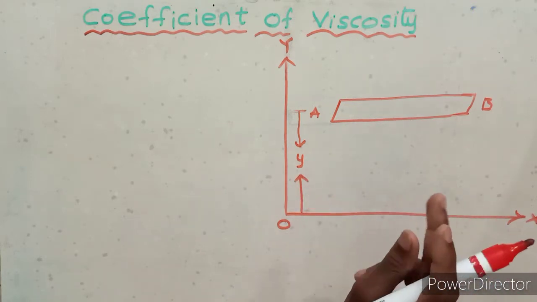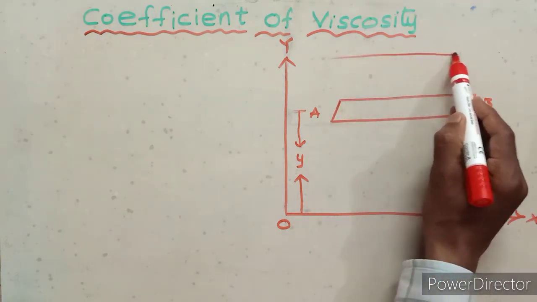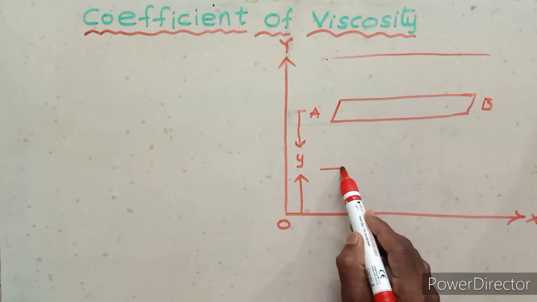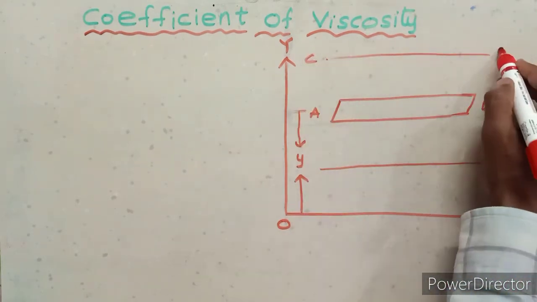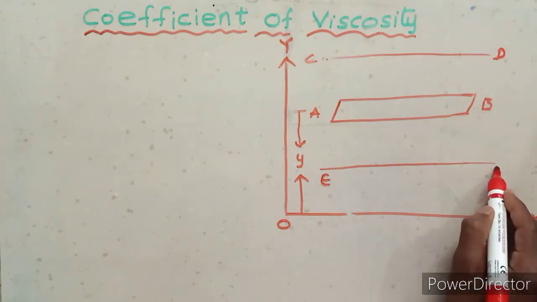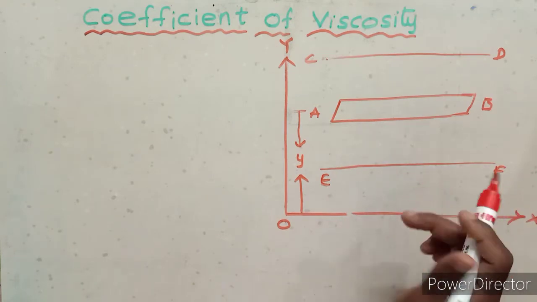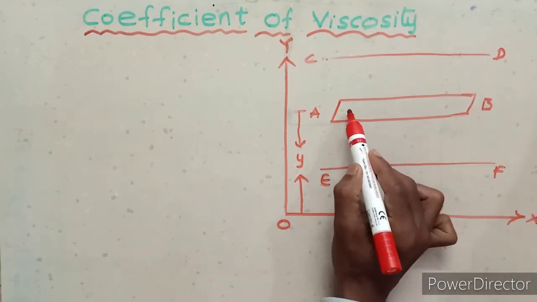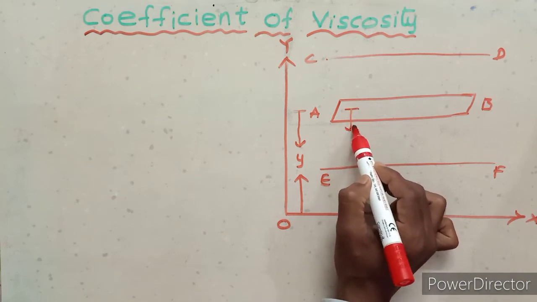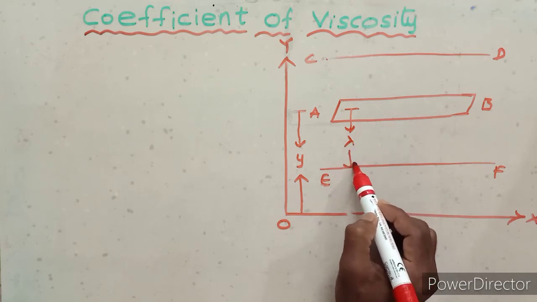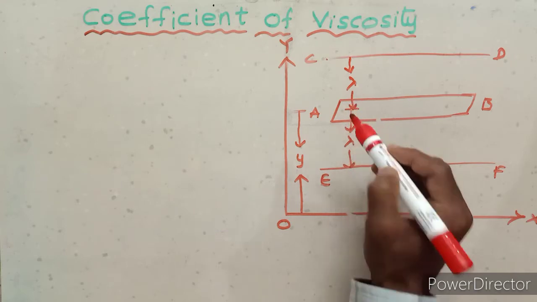Okay, let us consider there are two layers above the AB and below the AB. So these two layers, this is the CD layer, this is the EF layer. These two layers are situated from AB layer at some distance. That distance is the mean free path, that is lambda.